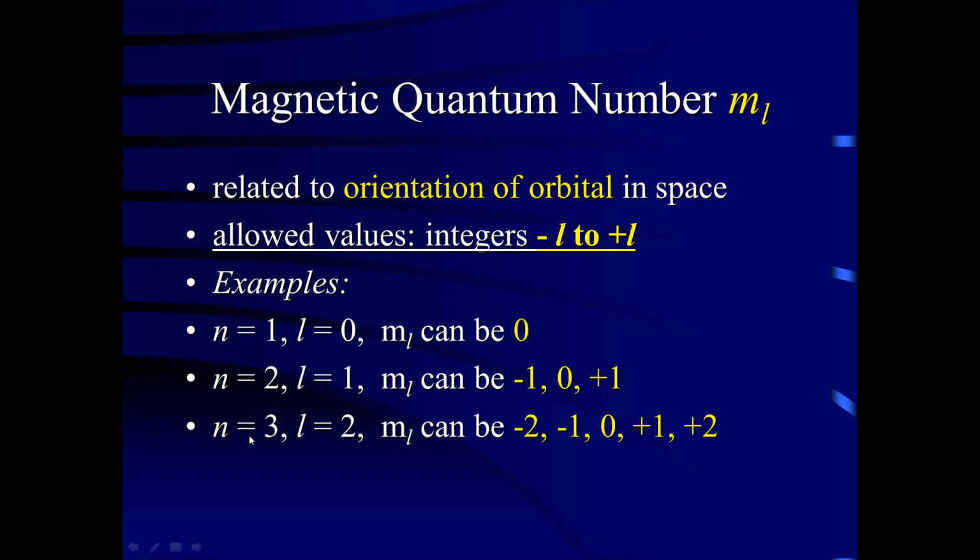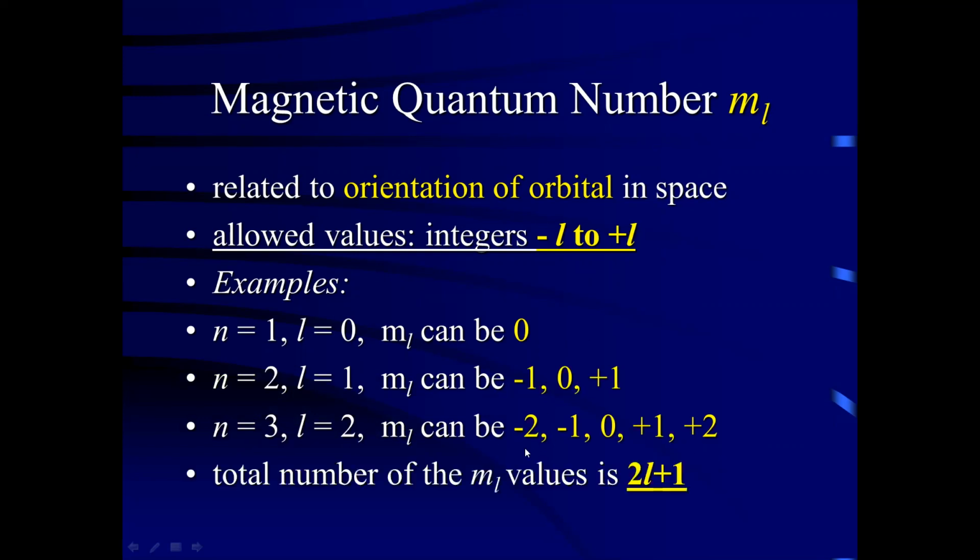Similarly, if n is equal to 3, L can be 0, 1 or 2, but in the case L is equal to 2, then m_L can be from negative L to positive L, that means from negative 2 up to positive 2.